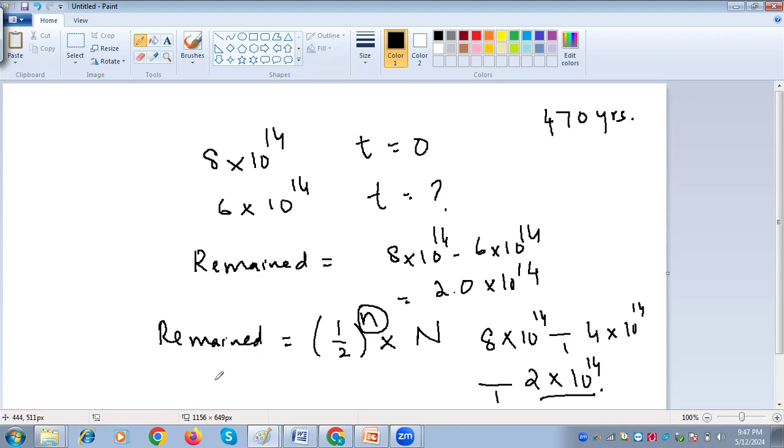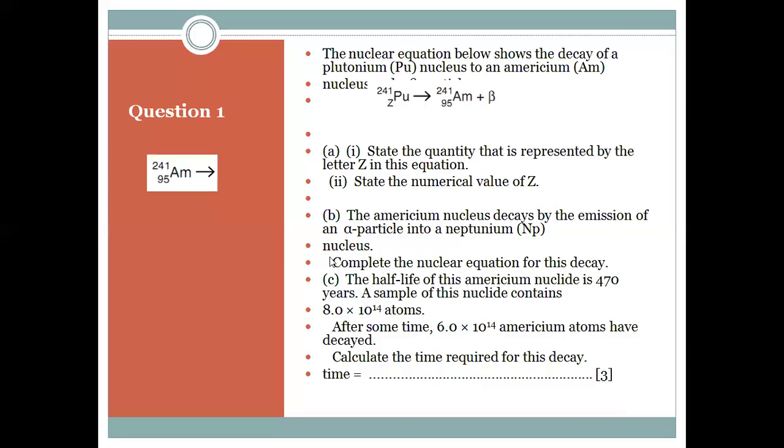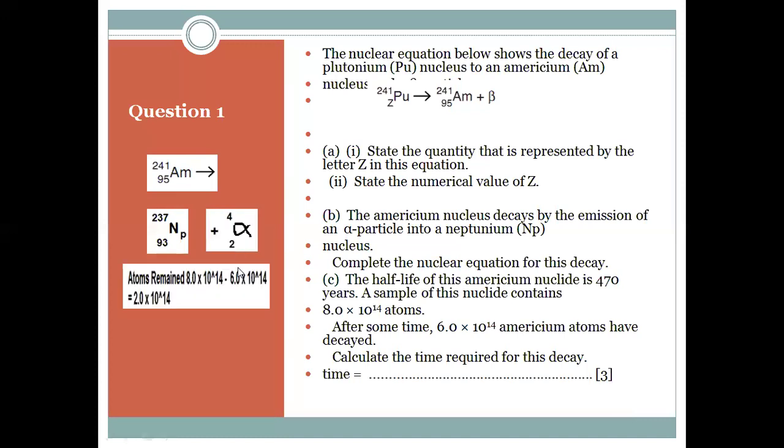So 1 half-life is 470, and 2 half-lives means we will multiply it by 2. So the answer will be 940 years.